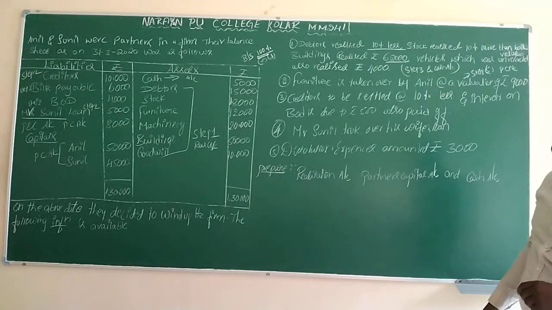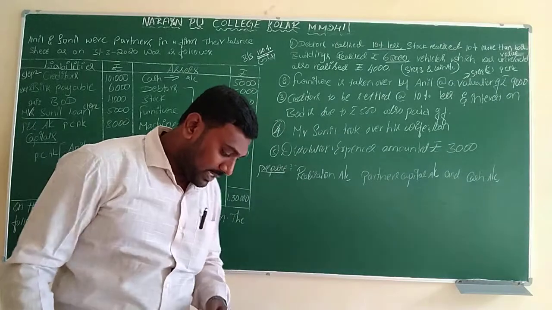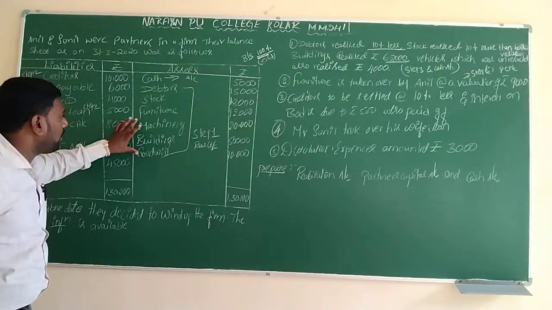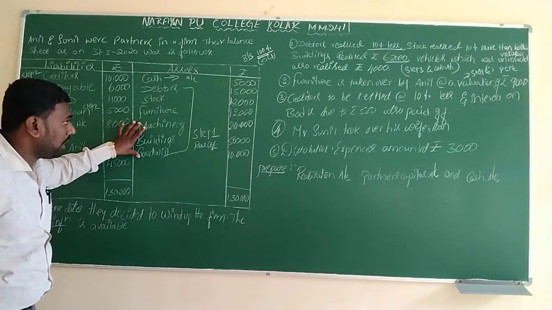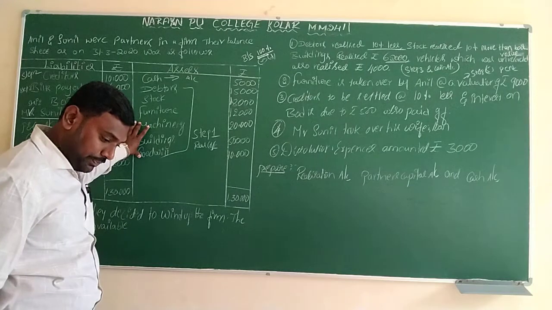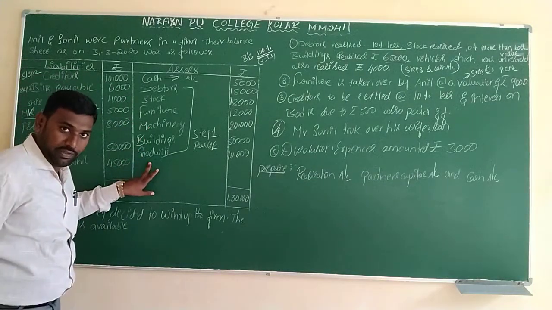Debtors, stock and buildings are given. They are not given information about one more asset, that is machinery value, and goodwill value is also not given.